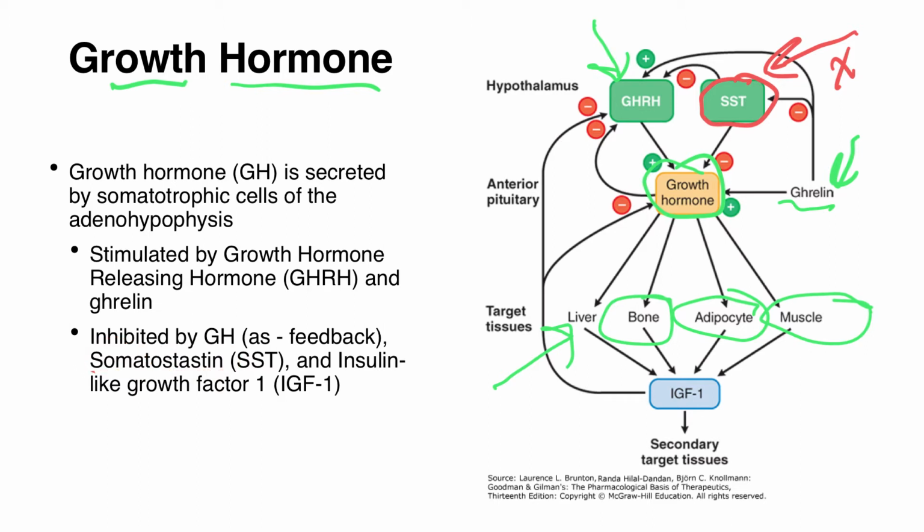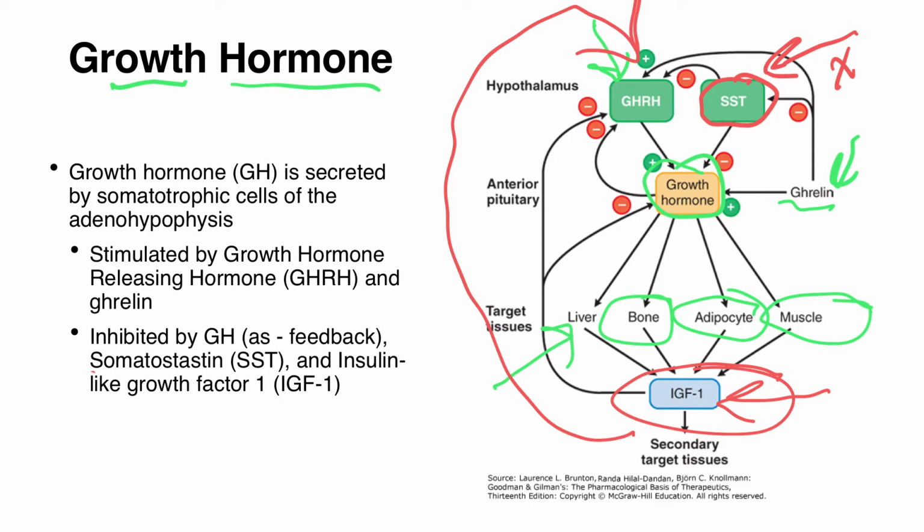Finally, the activities of growth hormone are carried out by activity of IGF-1, which stands for insulin-like growth factor 1. So if growth hormone activities in the body are mediated by IGF-1 effects, that means IGF-1 will serve as the negative feedback to this whole system. So IGF-1 is inhibitory on growth hormone expression only because it is the negative feedback.